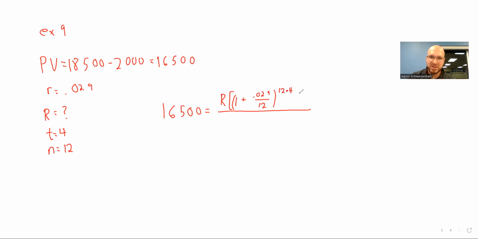That's a dot, not a minus. Minus 1 over 0.029 times 12. To solve this, I'm going to multiply both sides by my denominator.